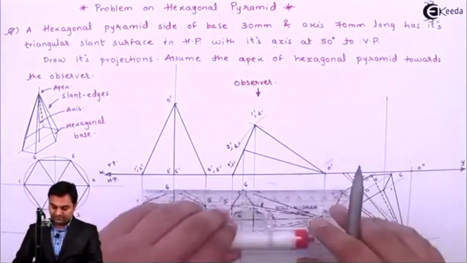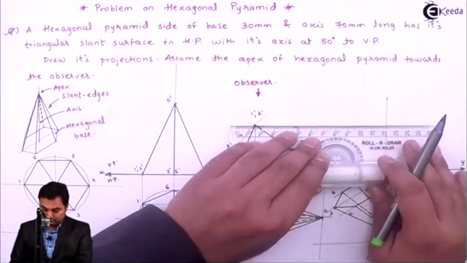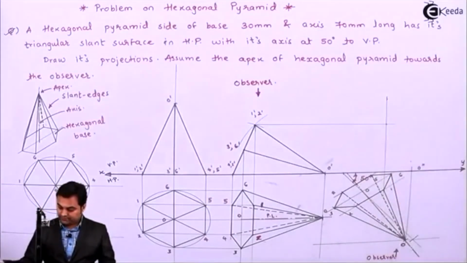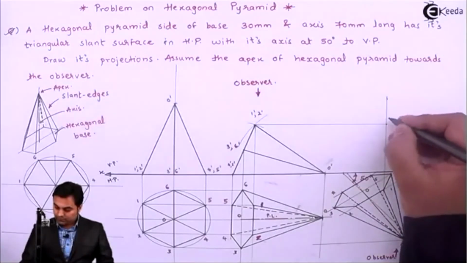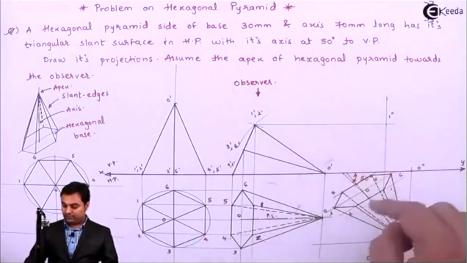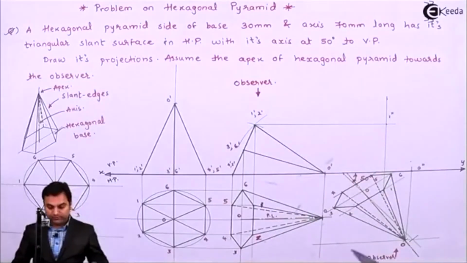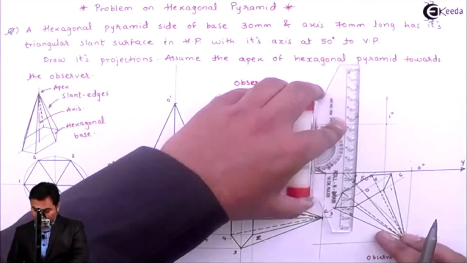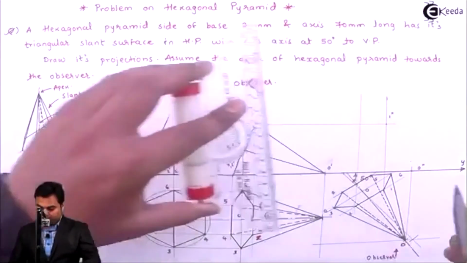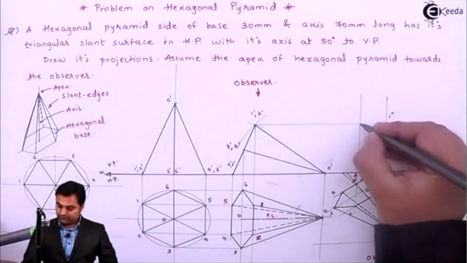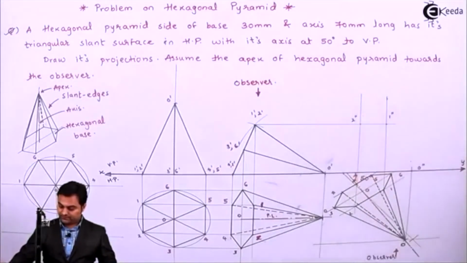Then point number 1, here we have 1 dash, where they intersect, that will give me the point 1 double dash. Then on this same line we have 2 dash, so point 2 will be projected up. So wherever point 2 and 2 dash intersect, that is going to give me the point 2 double dash.